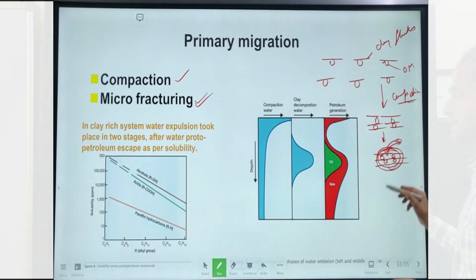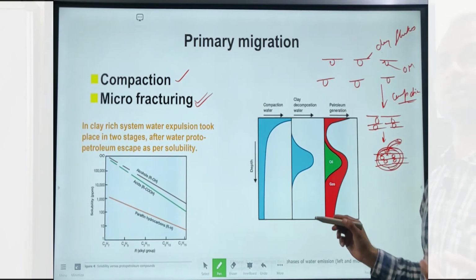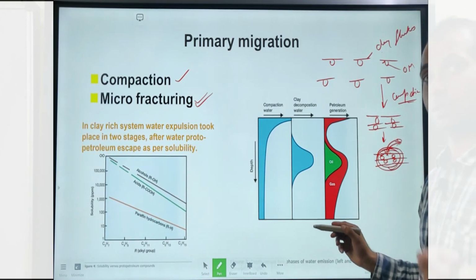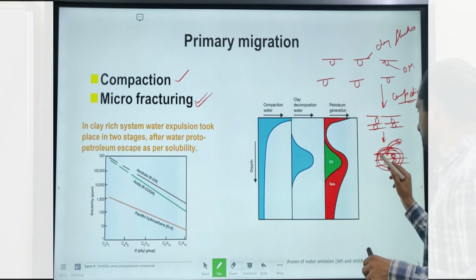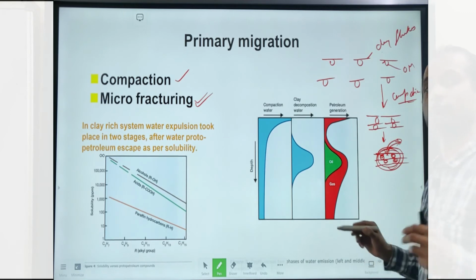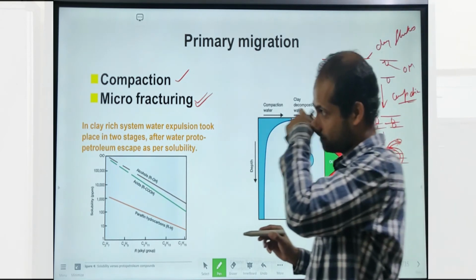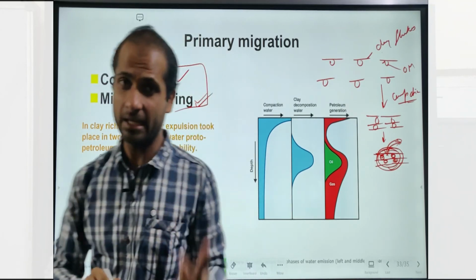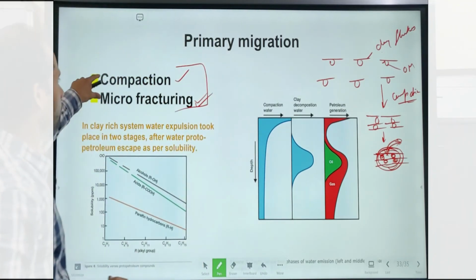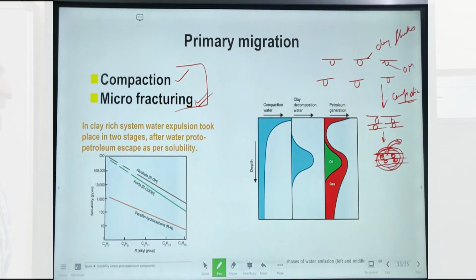But in the oil shale, where we don't get migration, we can see the organic matter associated with the flakes. So these are the two main mechanisms involved in primary migration.